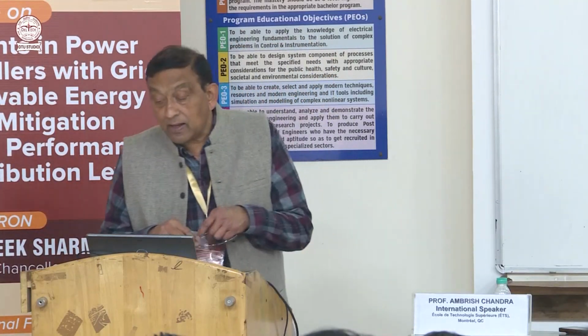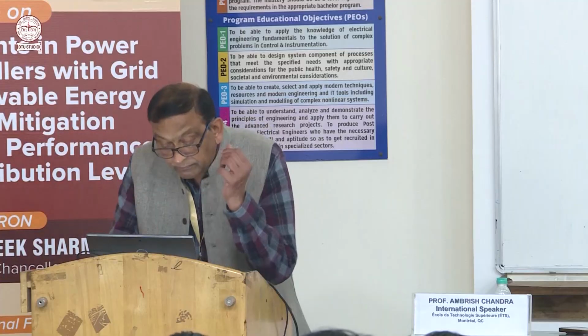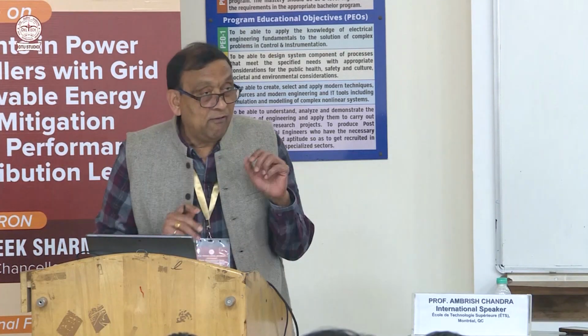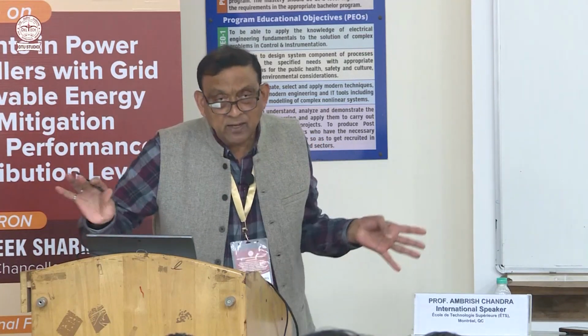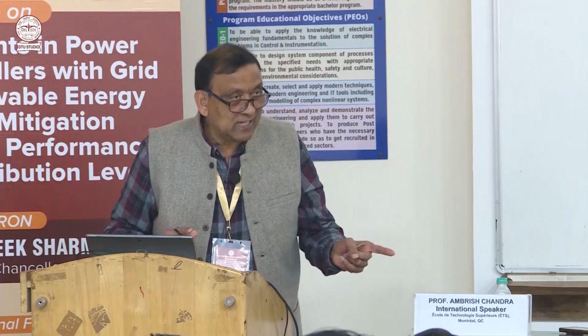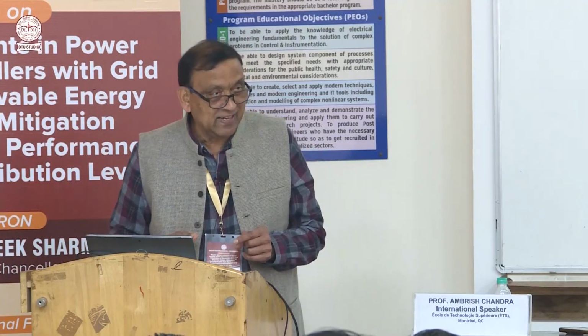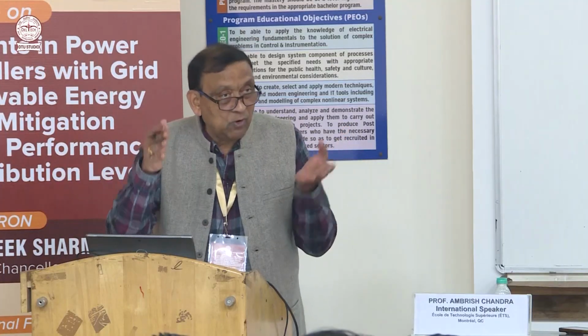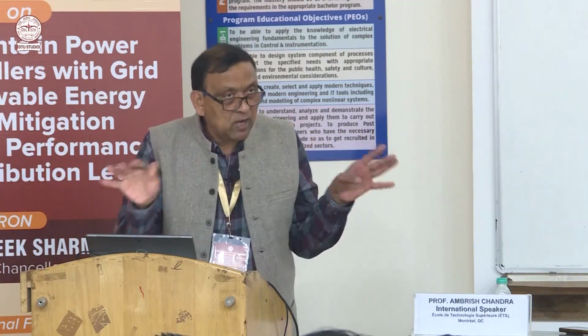And see, this is what is happening here. These renewable energy sources were supposed to supply only active power. They should not touch the reactive power. They should not touch the harmonics or any other thing, right? The voltage sag, voltage swell, those things, you are not concerned about.